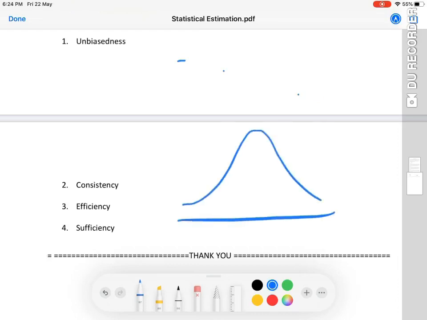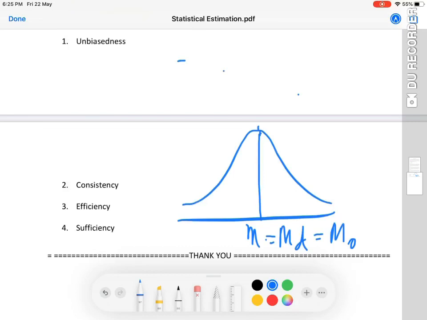Here, this is the point where mean equals median equals mode. At this point, the three values are going to be the same if we calculate the measures of central tendency for a given normal data. But which is more efficient: mean, median, or mode?